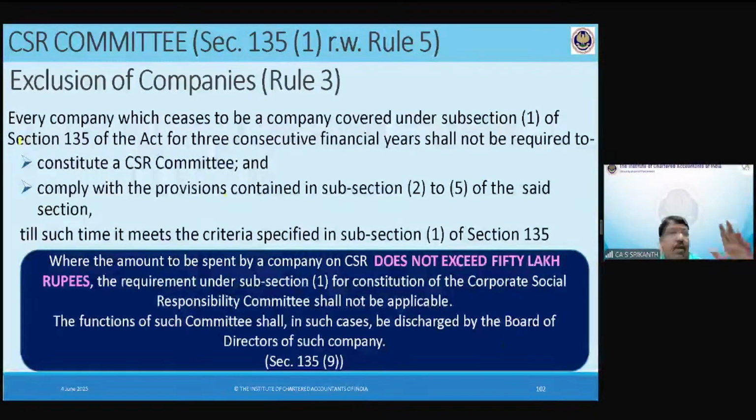Now in March 25, my turnover goes below 1,000 and I'm not satisfying any of the criteria. Still I have to contribute in 25-26. Then March 26 also no, still I have to contribute. March 27, I am not satisfying. Then 3 consecutive financial years, 25, 26, 27, I have not satisfied, so I will go out of the CSR net. Are you able to understand? They want 3 years so that the average will go. Till such time I have to calculate the average of the immediately preceding 3.